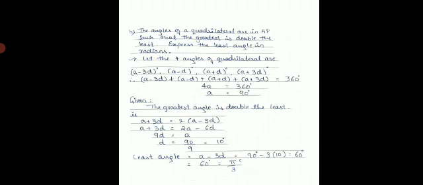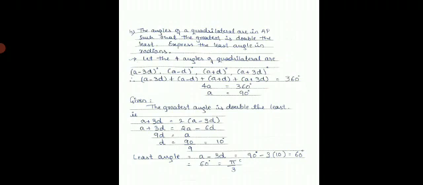Because of the angle sum property of a quadrilateral. Now, here minus 3D will get cancelled with plus 3D. Minus D will get cancelled with plus D. Now, add all the 4 A's, that is equal to 360 degree. Then A will be equal to 360 divided by 4, which is equal to 90 degree.